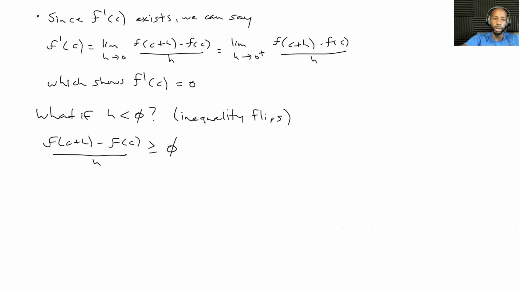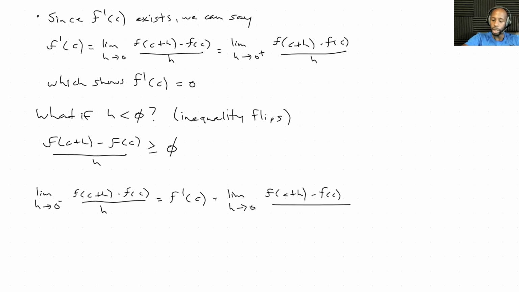So the limit as h approaches 0 from the left of this stuff is going to be equal to, we're kind of skipping steps here because it reflects what we did previously, f prime of c, which as we know will be equal to the limit as h approaches 0 from both sides of f of c plus h minus f of c over h is going to be greater than or equal to 0.